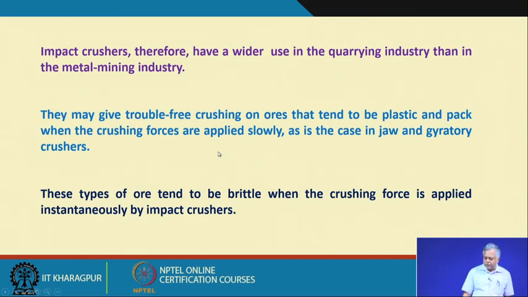We have already discussed this point before. These types of ore tend to be brittle when the crushing force is applied instantaneously by impact crushers. That means it needs only several impacts to crush it, and there are no residual stresses inside.